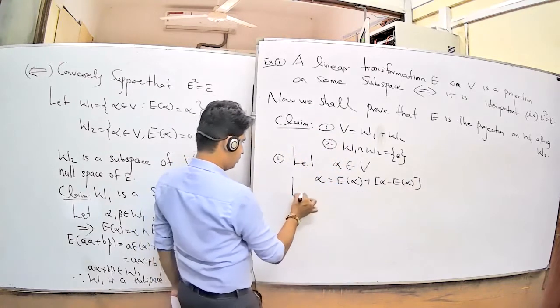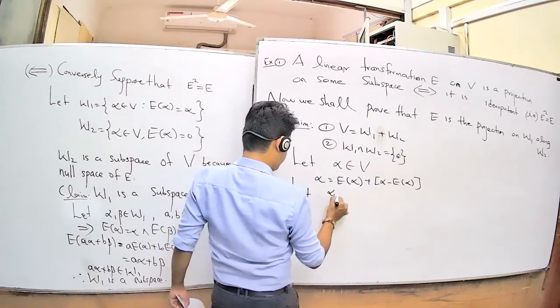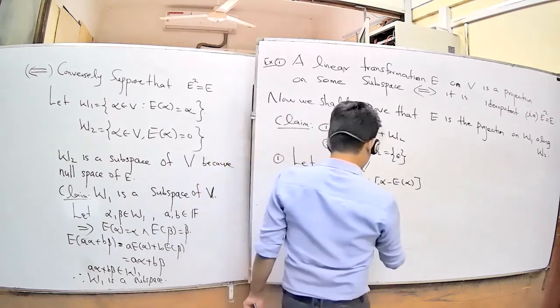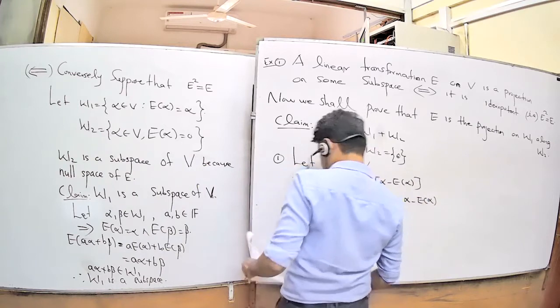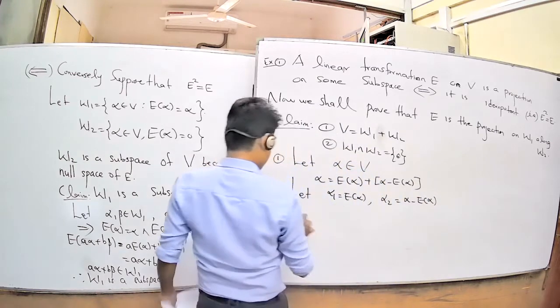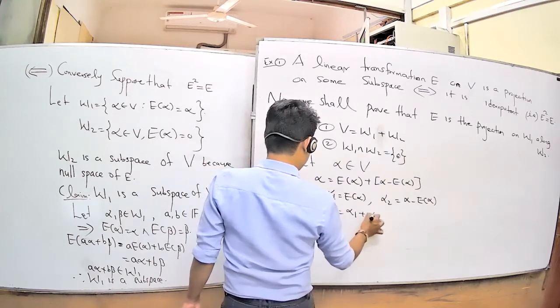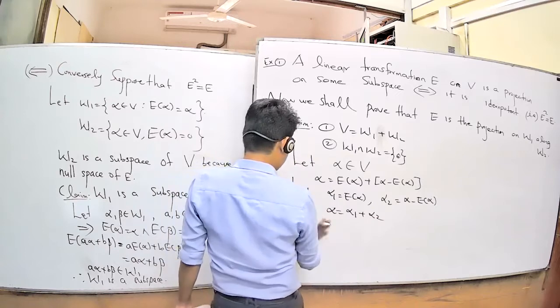Let alpha 1 be E alpha, and alpha 2 be alpha minus E alpha. Therefore, using these two, we get alpha equal alpha 1 plus alpha 2. Now E is a linear transformation.